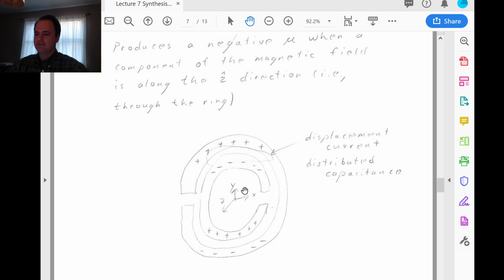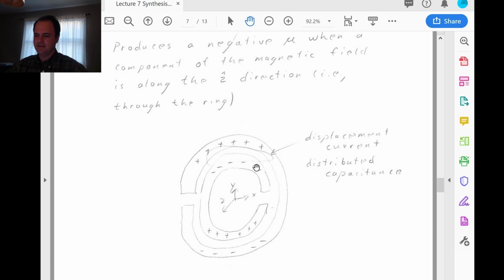However, with the nested rings, you will get this electric charge configuration. When you have positive charges on one ring, it will induce negative charges on the other ring adjacent to it. Just a pure capacitance effect. And then here, you'll have the image charges, the exact opposite.